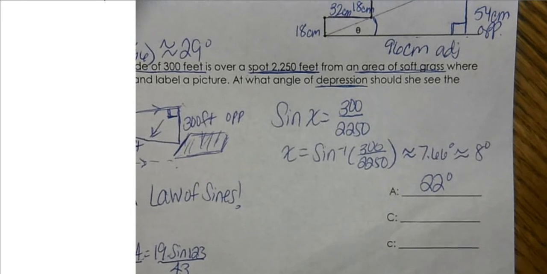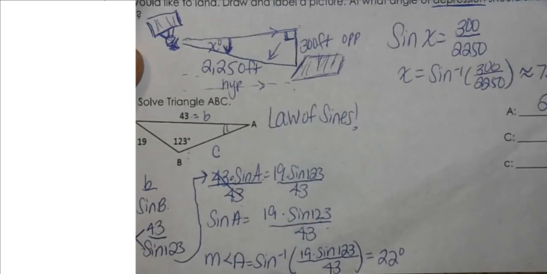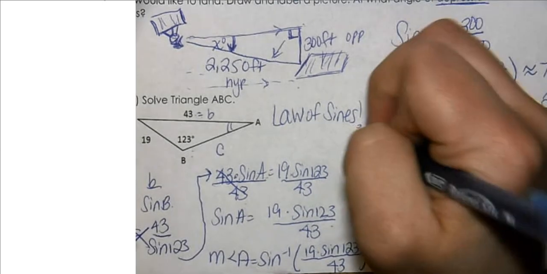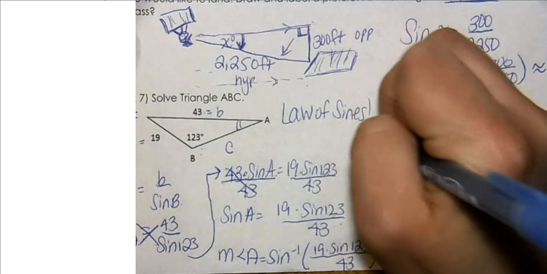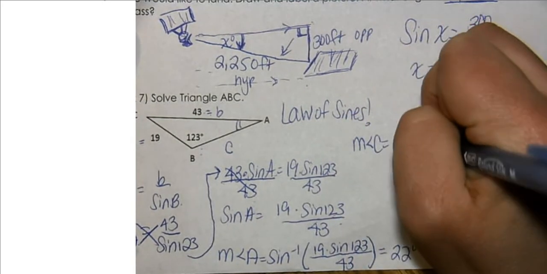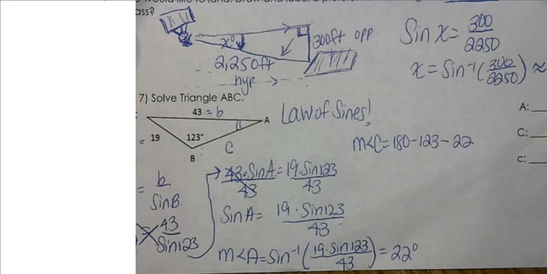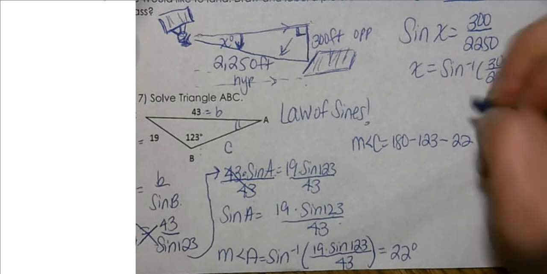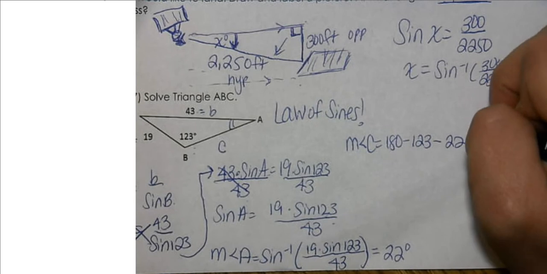So now, since I'm dependent on finding the measure of angle C, and I can't use SOHCAHTOA, I'm just going to work with the fact that all of the angles add up to 180. So I'm going to say that the measure of angle C is equal to 180 minus 123 minus what we found the measure of angle A to be, which is 22. And when we put that into our calculator, we end up finding that the measure of angle C is 35 degrees.